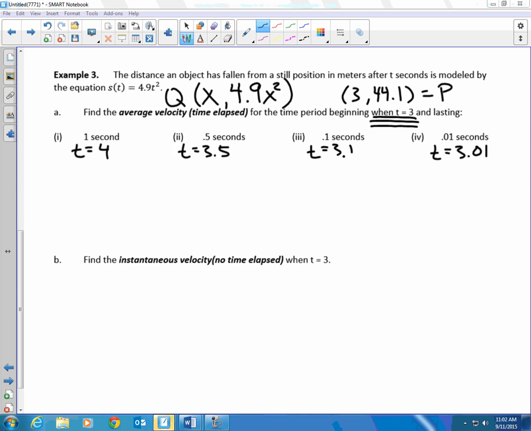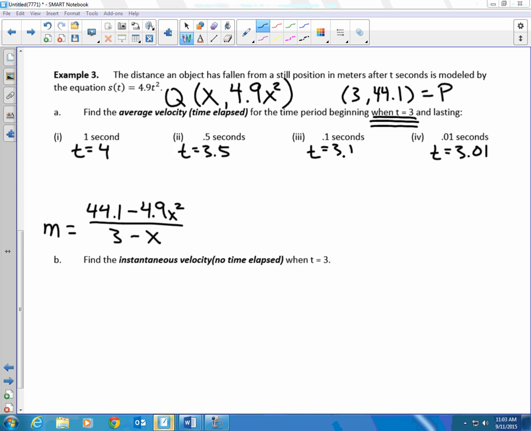So let's use this information to write a slope function. m is equal to, what's y sub 2? (44.1 minus 4.9x squared) divided by (3 minus x). Okay, where is this function undefined? At 3. Does that make sense? Because that's the place where we'll be finding the instantaneous velocity at 3.